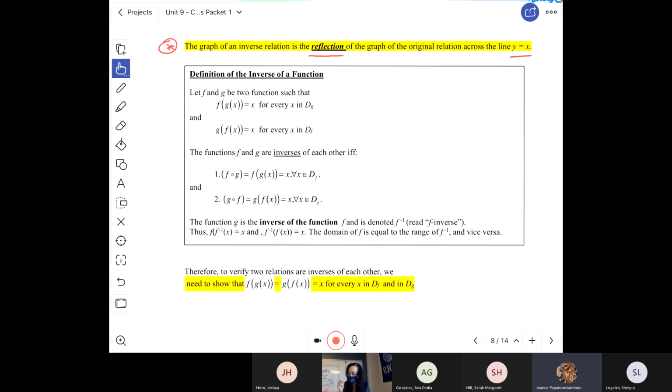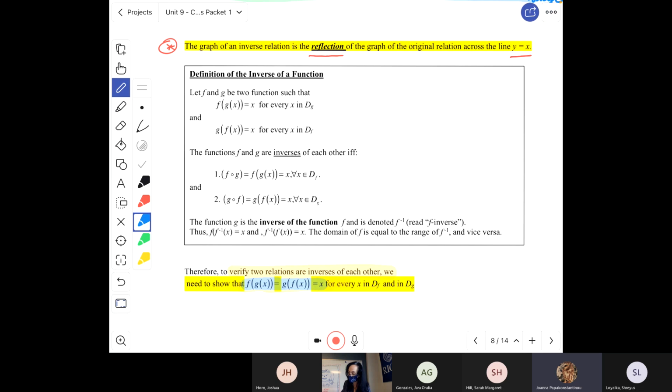Well, to verify two relations are inverses of each other, we must show that f of g of x equals g of f of x equals x. So the composition in both orders.